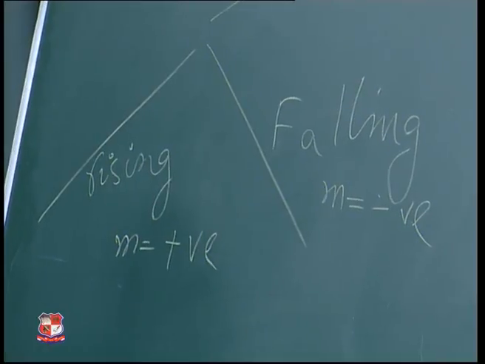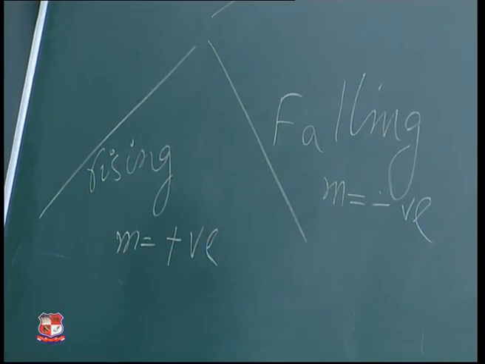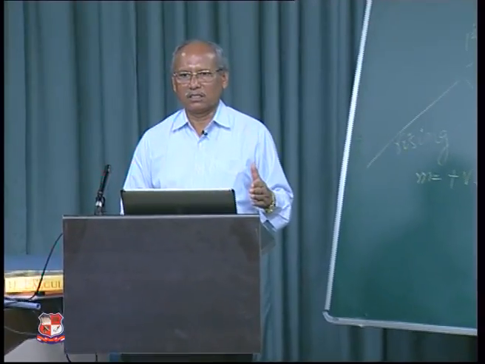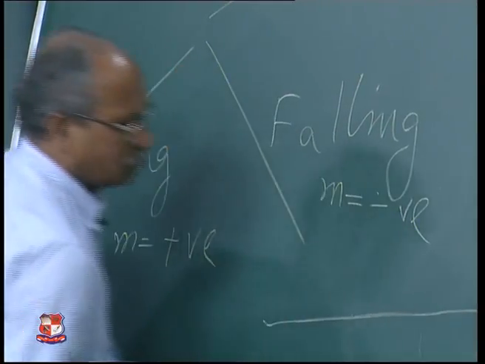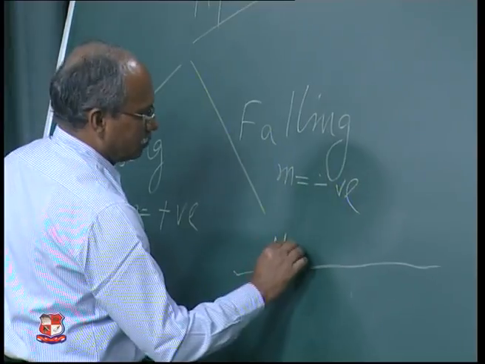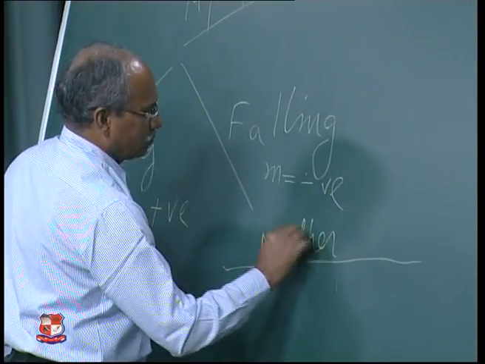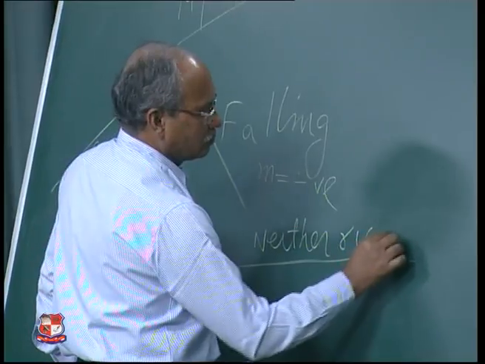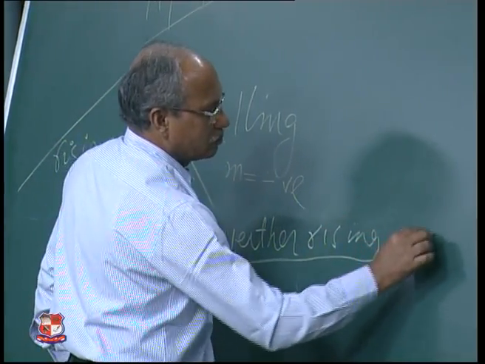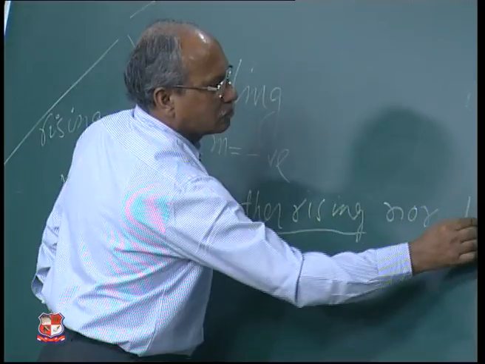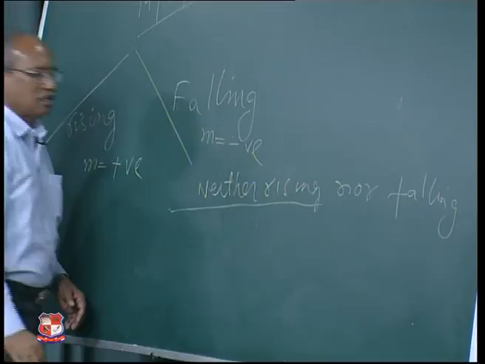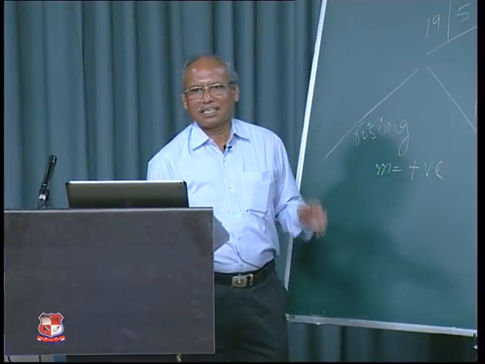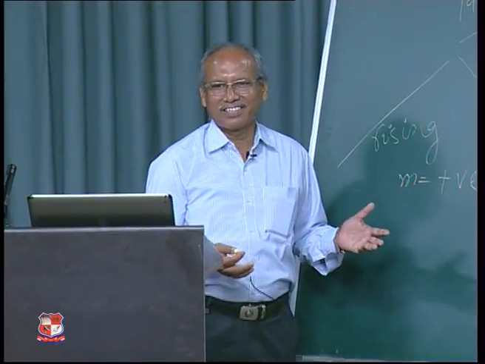Then you have told this horizontal line, vertical line. Okay. Then what will that be? Agree? There will be some line which we cannot define as rising or falling.